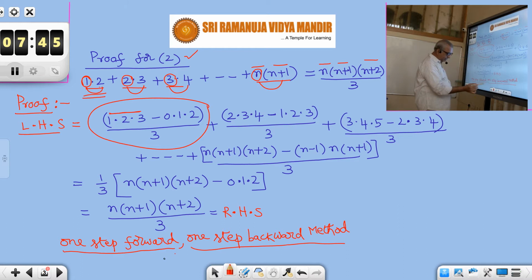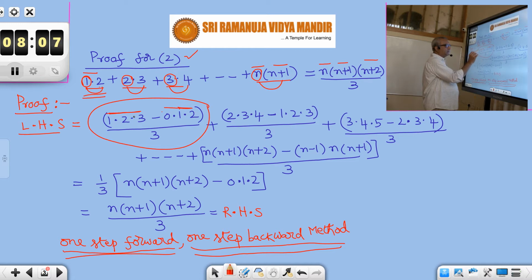Then again that is one step forward. Minus. Again I have taken the first term 1 into 2, and now I have gone one step backward. With the same common difference if I go backward, I will get 0, is it not? So 0 into 1 into 2.